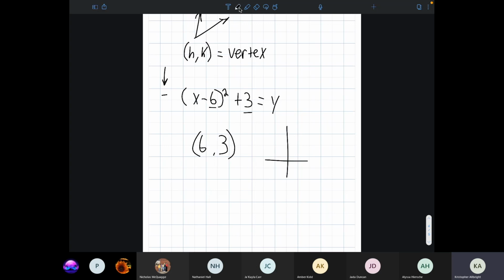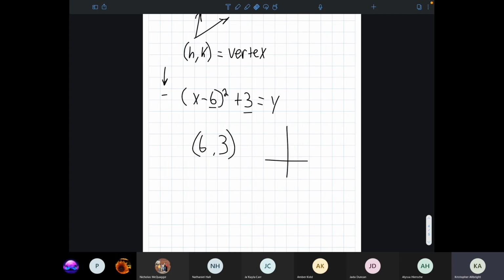If you see a whole number, you know it gets skinnier. If you just see a negative, you know that it's upside down. If you just see a positive, you know that it's right side up. This is the reflection over the x-axis, because your parabolas are usually going to be facing up or down.